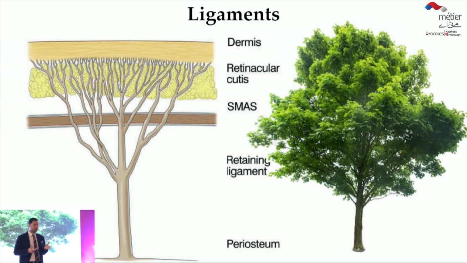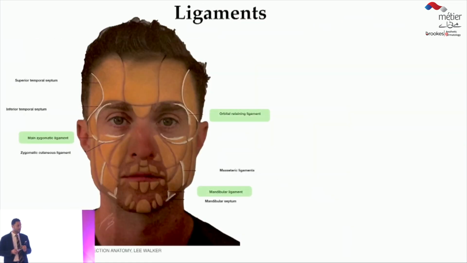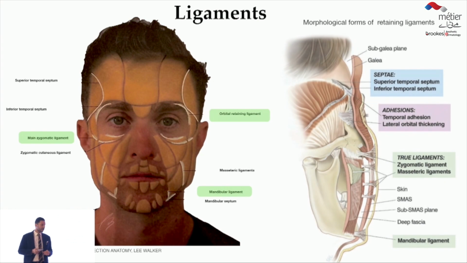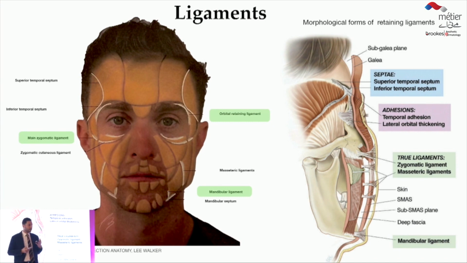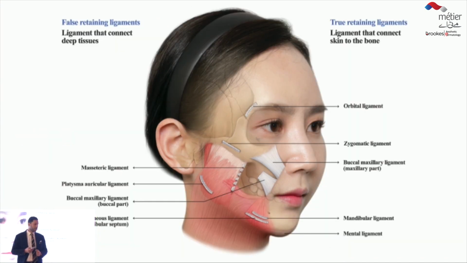This is how you have a good fixation on the face. We have different types of ligaments. We call them septi, adhesions, true and false ligaments. They all form the same thing, and they all attach the layers of the skin and fix them to each other.